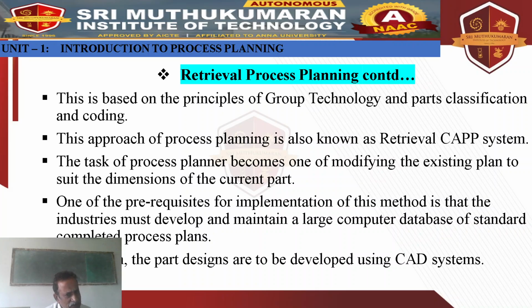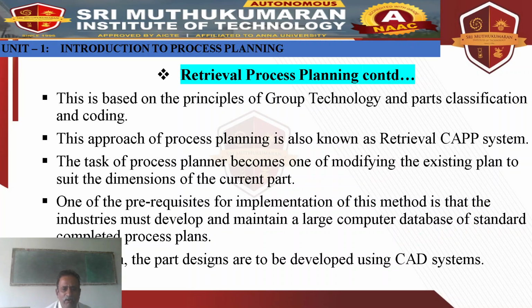The task of the process planner now becomes one of modifying the existing plan to suit the dimensions of the current part. We have a process plan for a similar component already prepared. We take that plan and modify it, edit it to suit the required current part dimensions. The dimensions may not be the same, so we have to make some minor changes in the process plan.